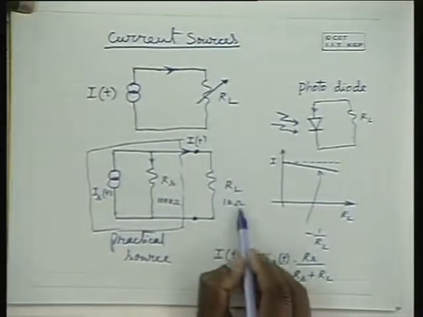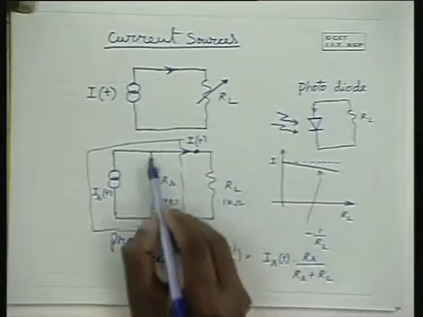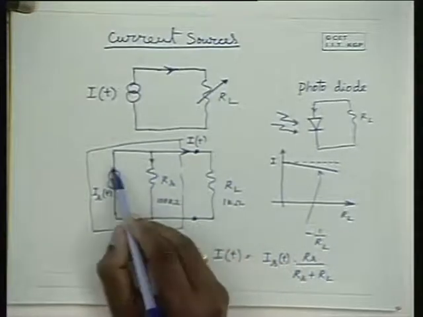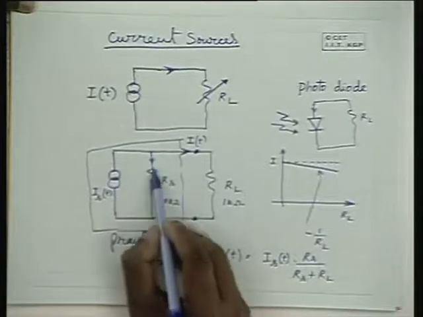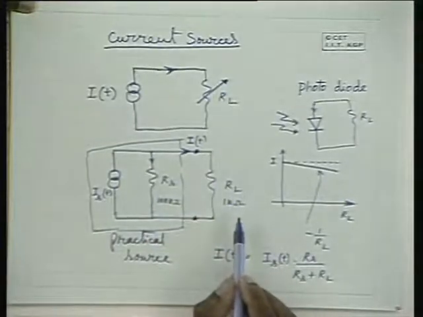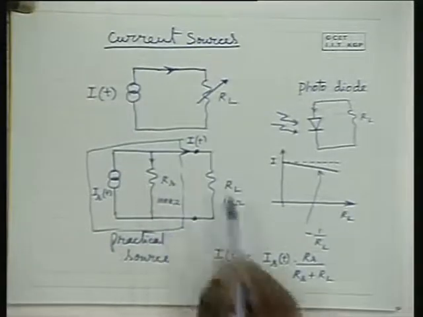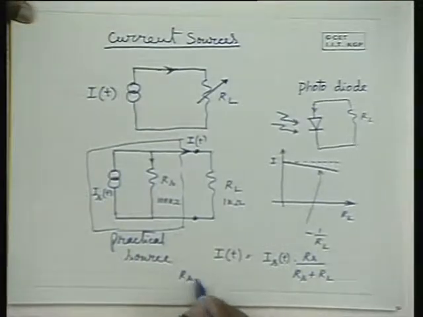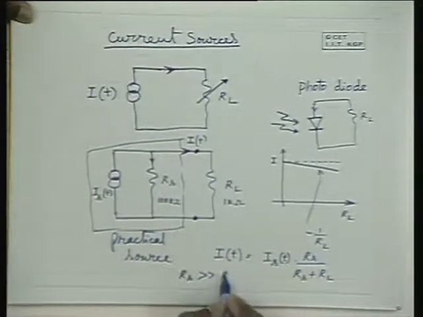Even if you make it 2 kilo ohms, this current won't change much. And when this current is not changing much, this current is also not changing much. Hence, it can be treated as a current source when Rs is much larger than RL.